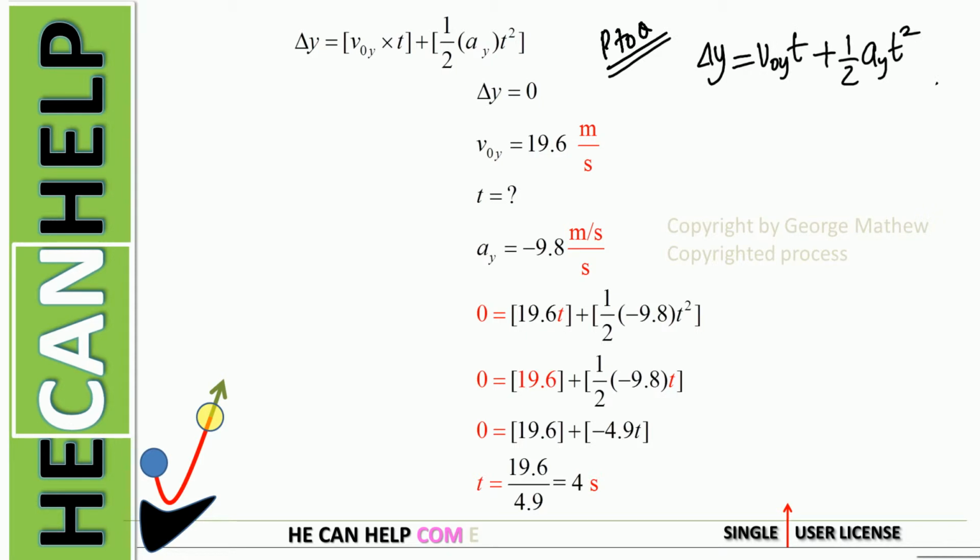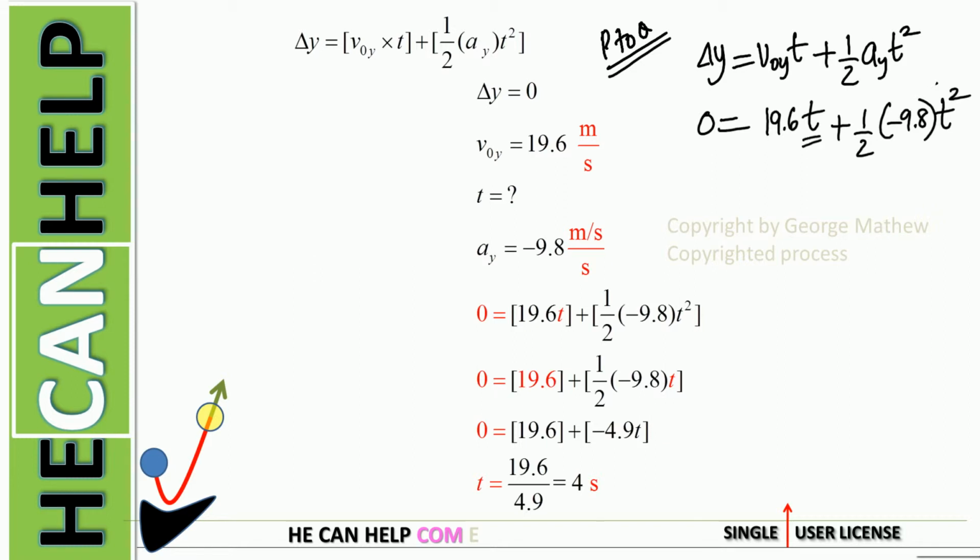Change in y as we go from P to Q is 0. V initial y at point P, the vertical component of the velocity vector, is 19.6. Time we don't know. 1/2 acceleration along the vertical is negative 9.8 times time squared.